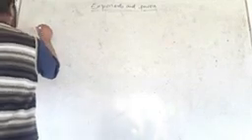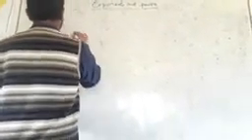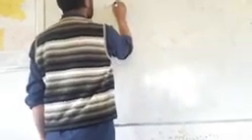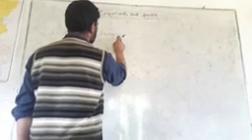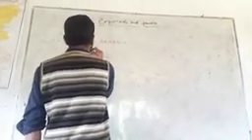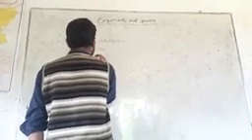If you have 2 into 10 raised to power 3, what is its value? 2 into 10 raised to power 3 means 10 is 3 times. That is 10 into 10 is 100, into 10 is 1000, which implies 2 into 1000, or 2000. This is its value.